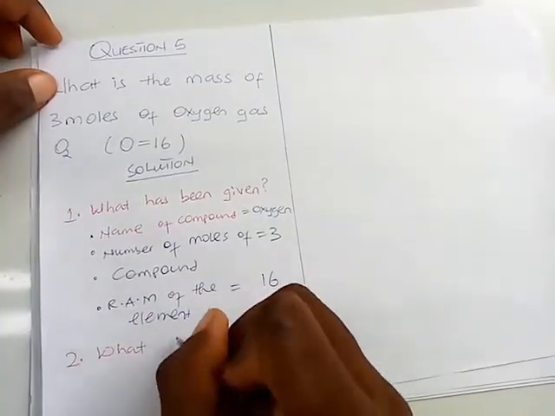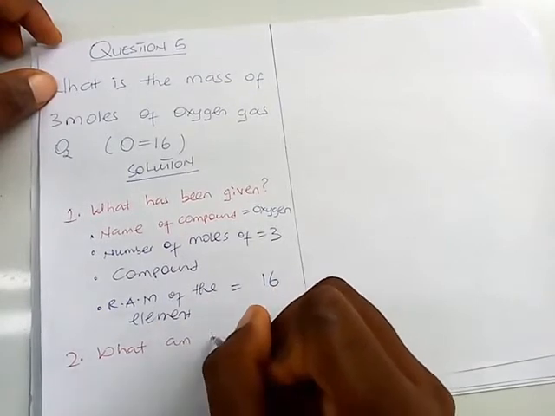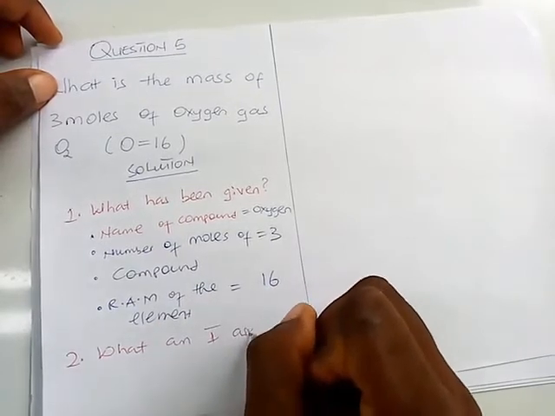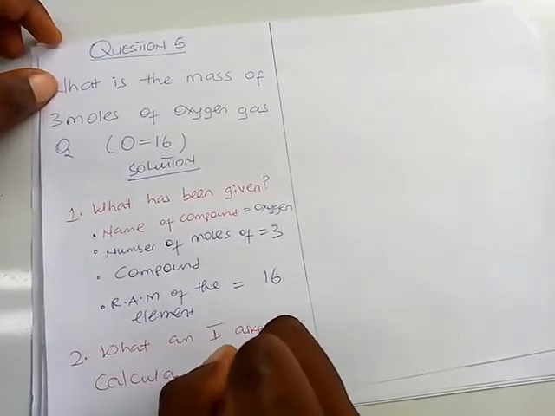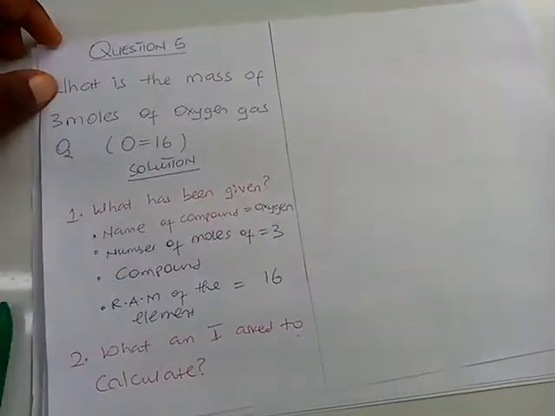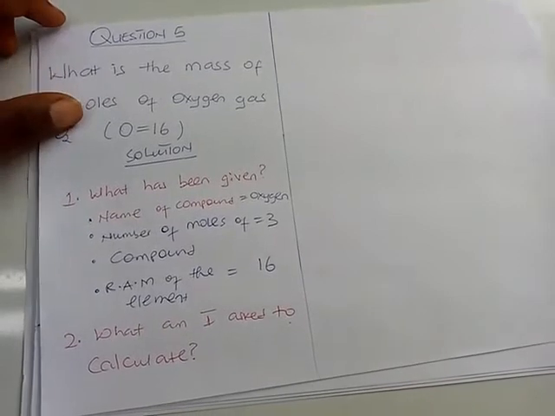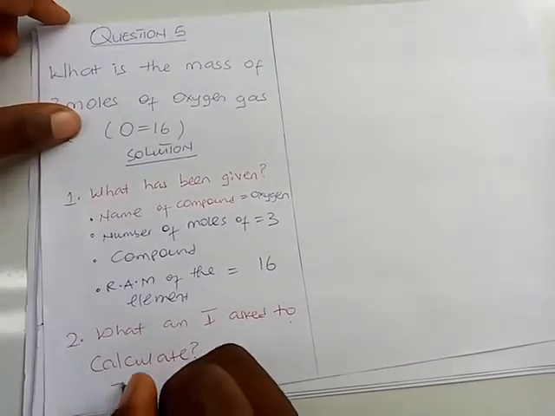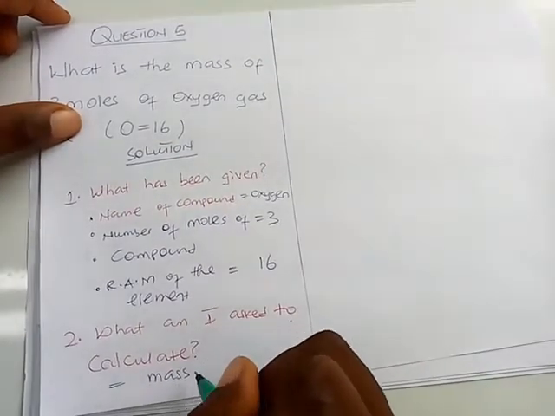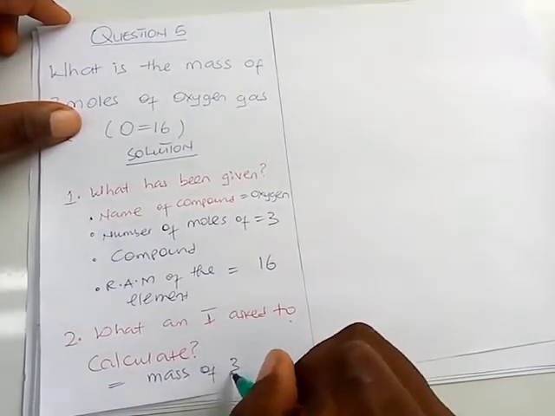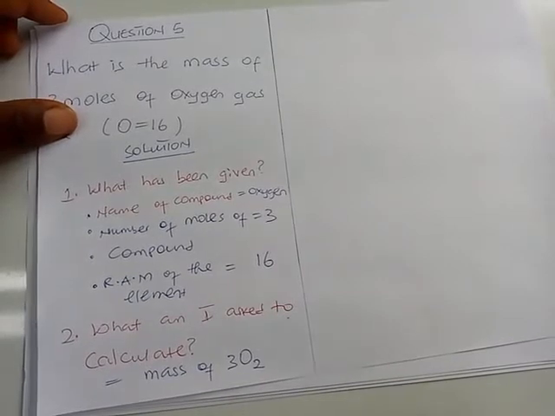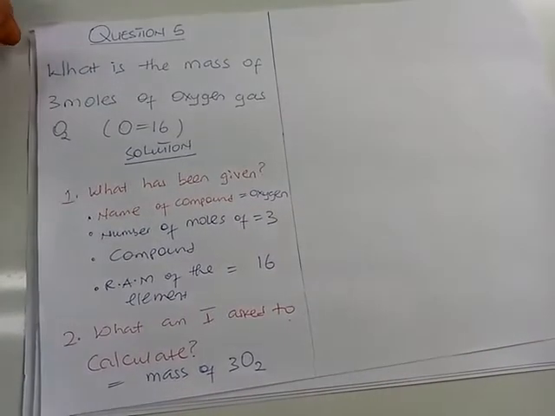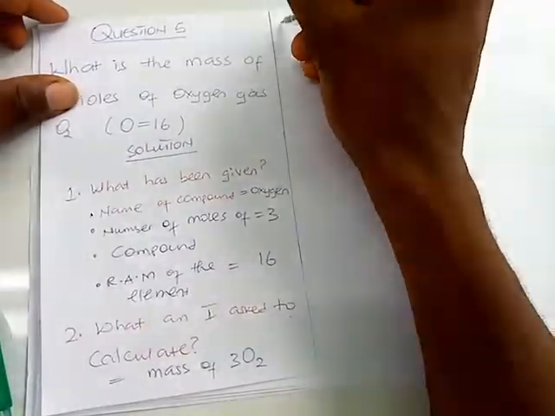So the second step is, what am I asked to calculate? Here you can see already that I'm asked to obtain the mass. That's the mass of 3 moles of oxygen gas. So then the last step, step 3.